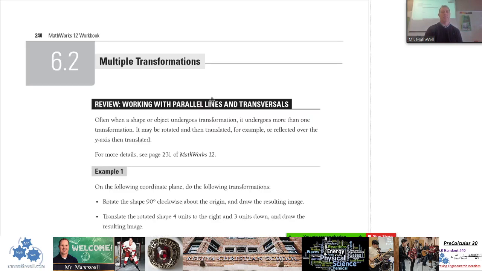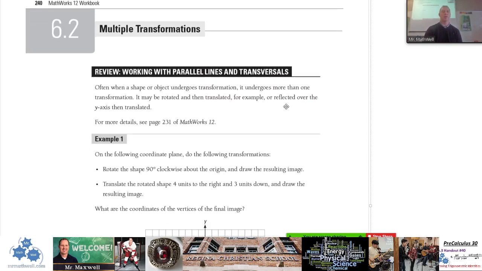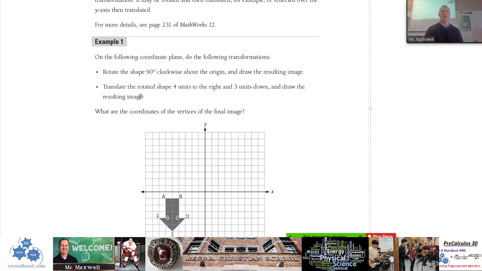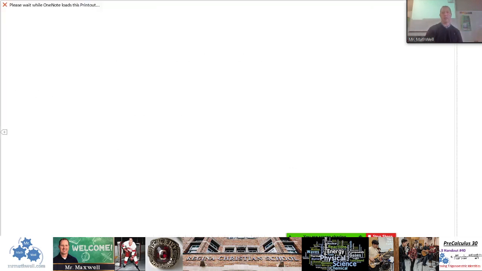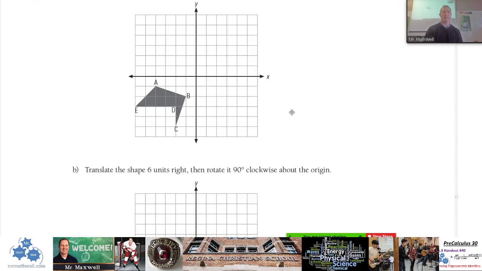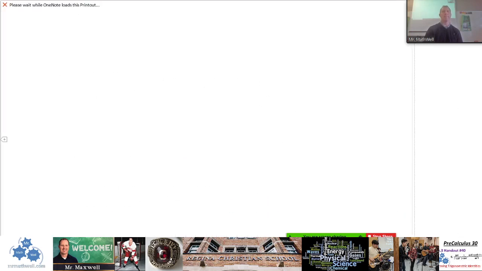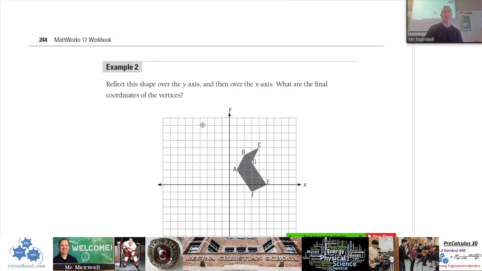Okay. 6.2 is multiple transformations. If we do a rotation and a translation, or a reflection and a dilation, it's just combining the two. So you've had some practice with 6.2 in combining different things. The question was, does it matter what order you do it in? I think they'll tell you the order in which you're supposed to do it, like reflect the shape over the y-axis, then over the x-axis, what are the final coordinates?